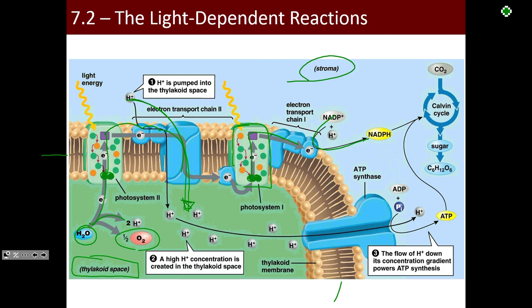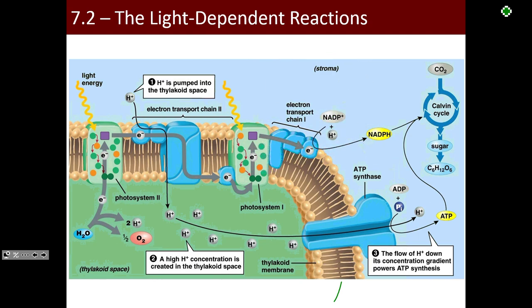And the electron is filled from this electron transport chain. That need is met. Okay. Now, NADPH is going to leave. It's going to carry out into the stroma where the Calvin cycle is going to happen. So that energy product is going on to our next reaction that we're going to talk about in a minute.